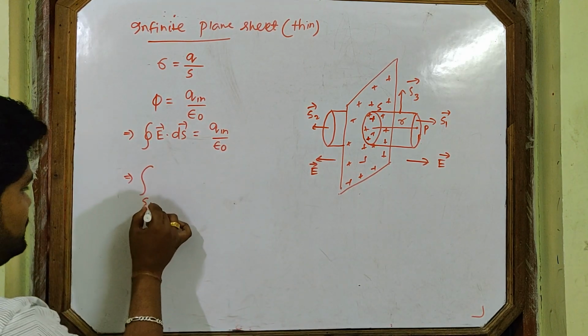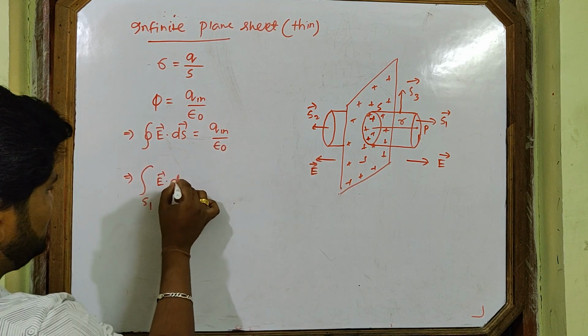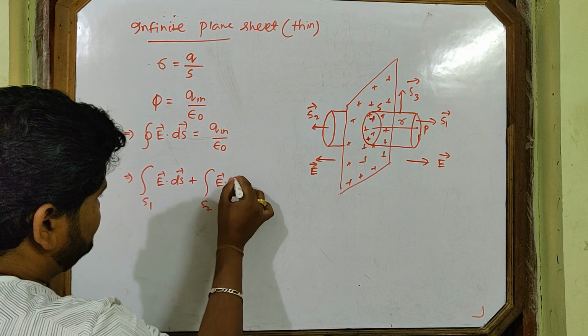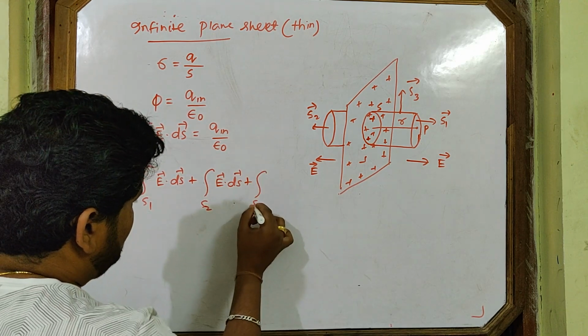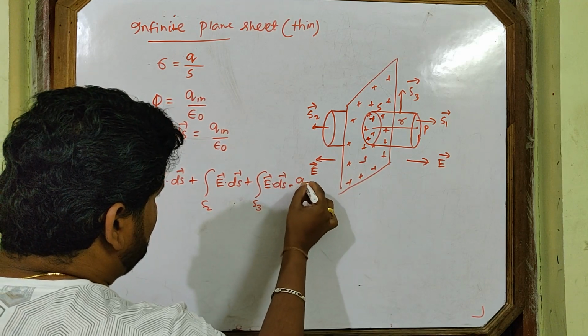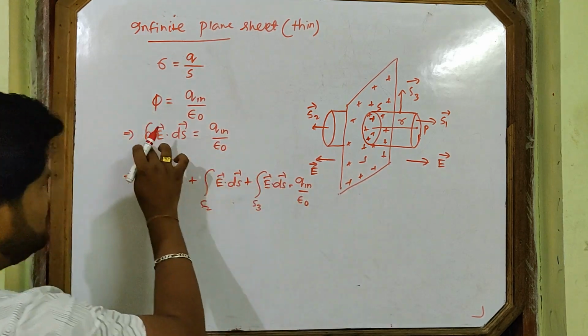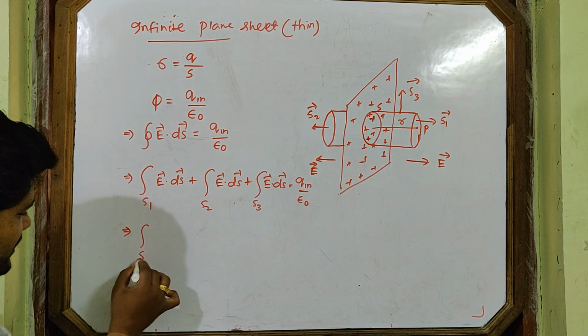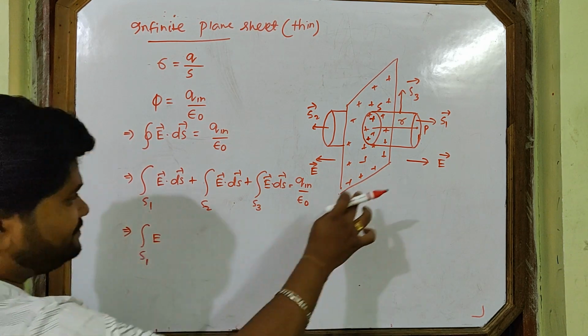It splits into three surfaces, S1, then S2, then S3. E dot ds. No close sign here, no close sign because it splits the surface, close surface. So now for S1, what is the angle you see?